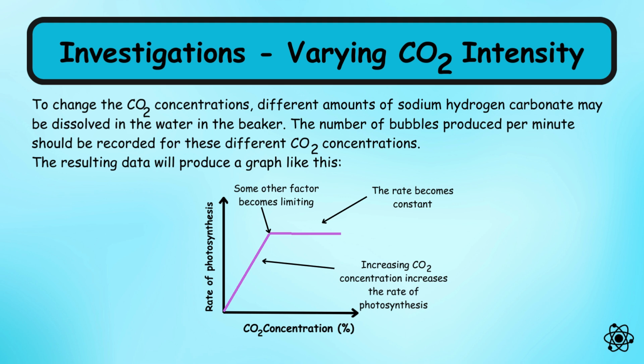Therefore, even if there is plenty of light, a plant cannot photosynthesize if there is insufficient carbon dioxide. The factors which could be limiting the rate when the line on the graph is horizontal include temperature not being high enough or not enough light.